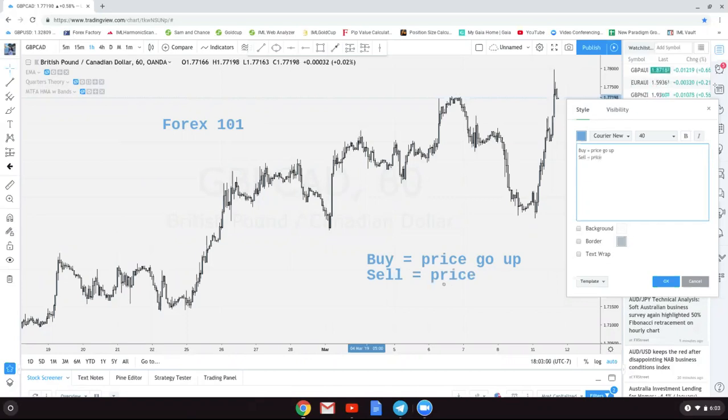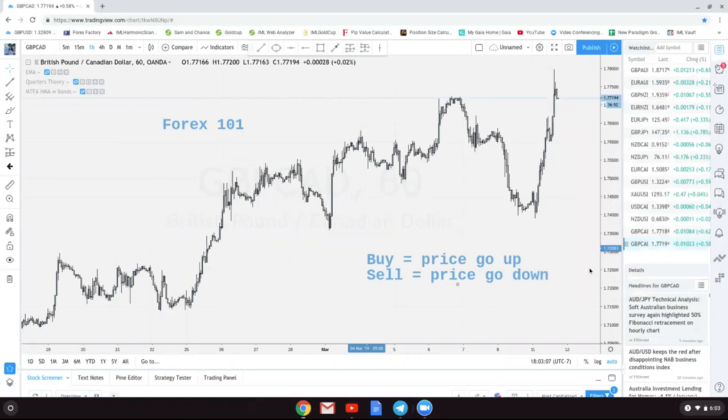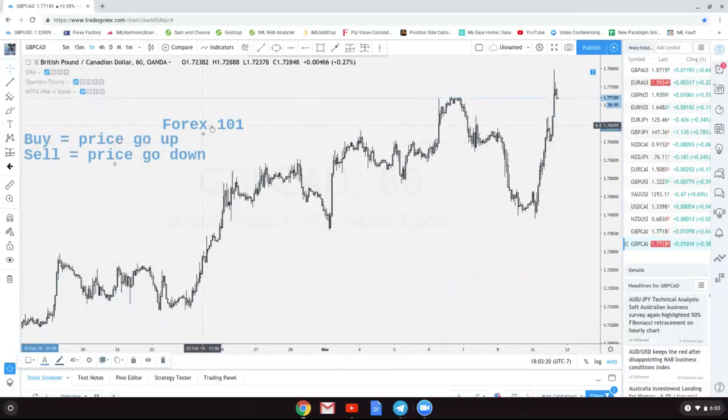Very simple, right? It's not something that you need a college education for; even people in high school know how to do this, so it's super simple. So we want to buy when price is going up, and we want to sell when price is going down. Pretty basic Forex 101 stuff.